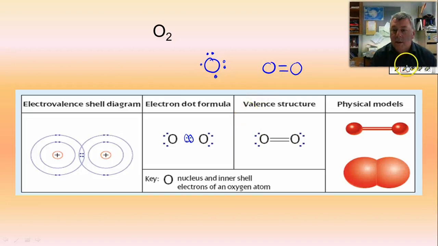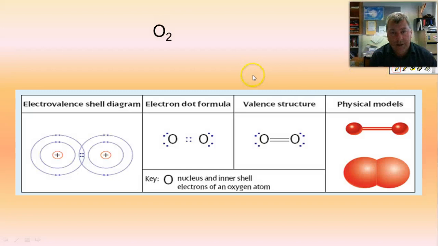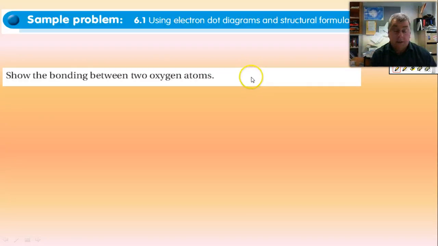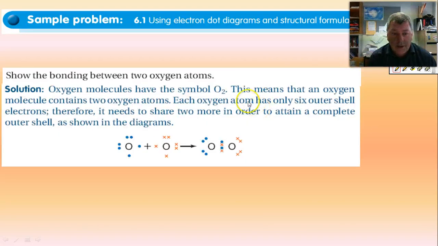So hopefully we've got the idea. They get a bit complicated with more than one bond, but it sometimes just takes a little bit of practice to get your head around it, and then you can do it in your head. So show the bonding between two oxygen atoms. There you go.